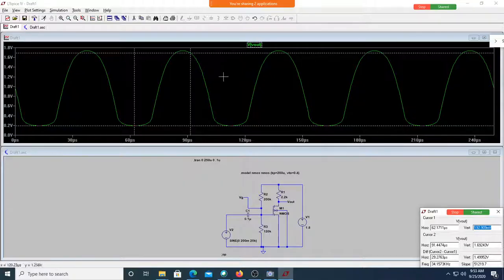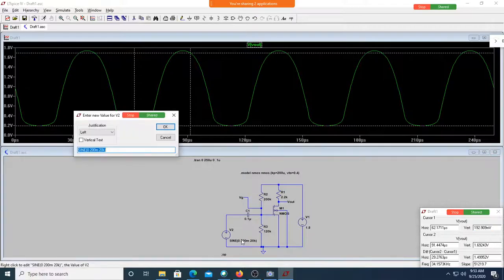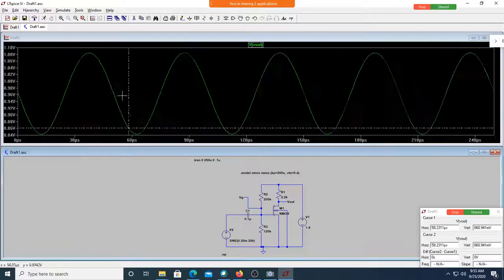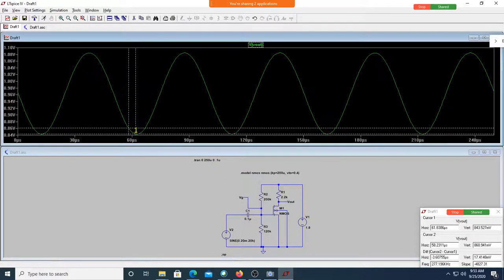What I'll do, I will reduce this to 20 and run it. How much is this minimum voltage now? Even though it is V out, shall I call it VDS? That is, this will be the voltage at this point, no? Is this V out the voltage at the drain point? V out is measured here.